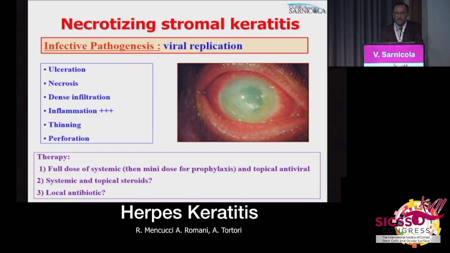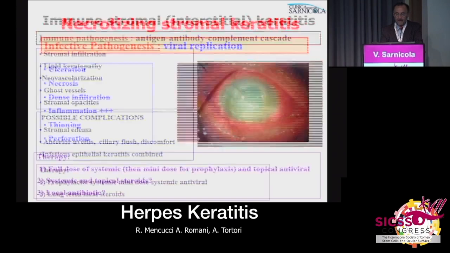This means that we should immediately initiate systemic antivirals, full dosage, also locally, but we should also control the infection, because the infection may encourage the worsening of the symptoms.